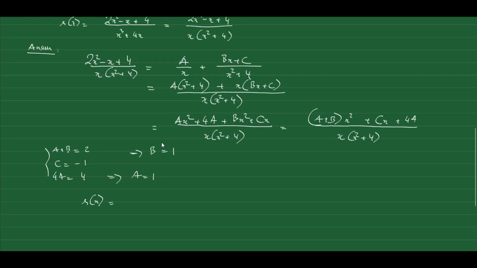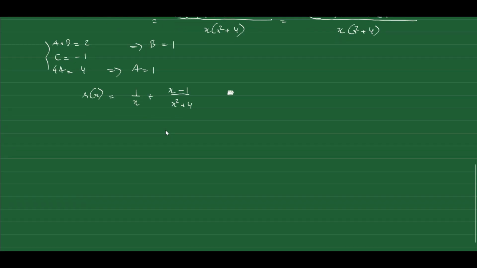So you have 1 over x, plus x minus 1, c is negative 1, plug it in here, over x squared plus 4. There you go, final answer. Very easy, nothing hard right here.